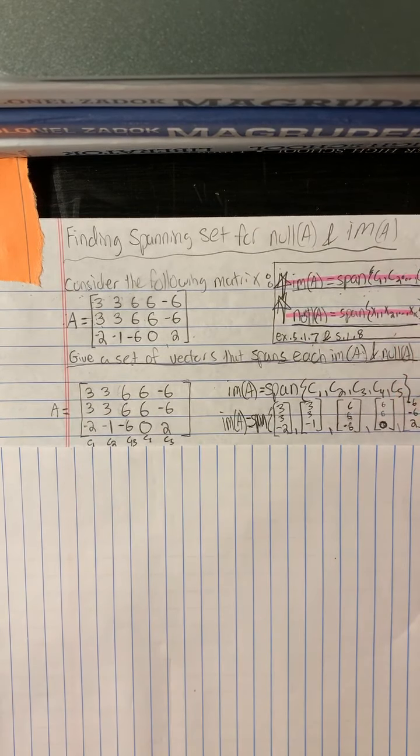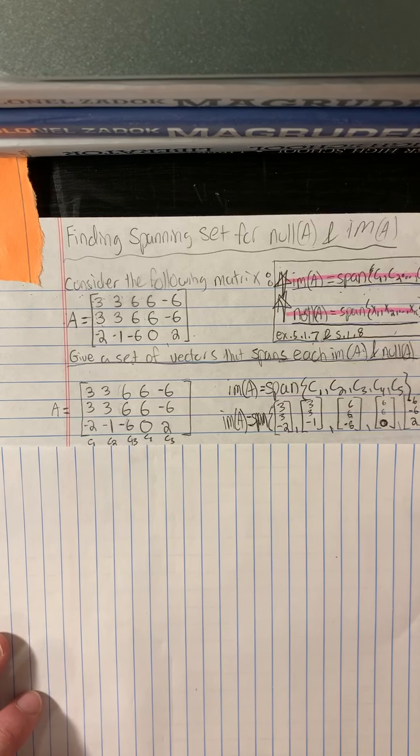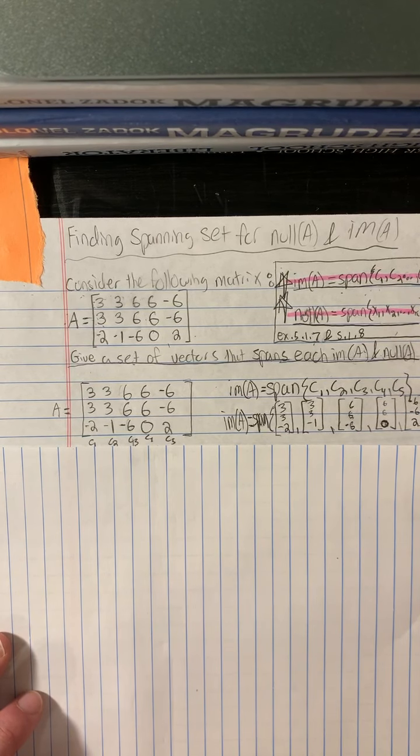Now, to find the spanning set for the null space, from the definition, we know that we need to set up a system of equations equal to 0 and find the row-reduced echelon form of that matrix using the Gaussian algorithm.